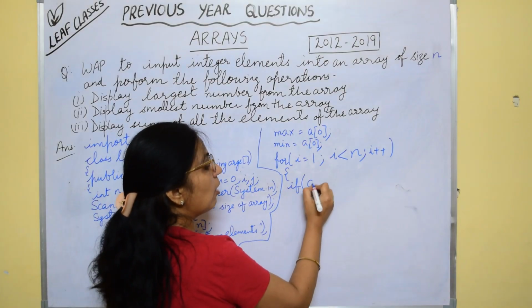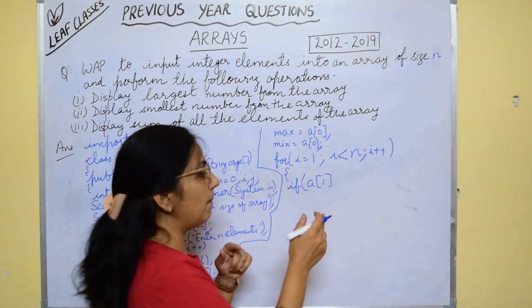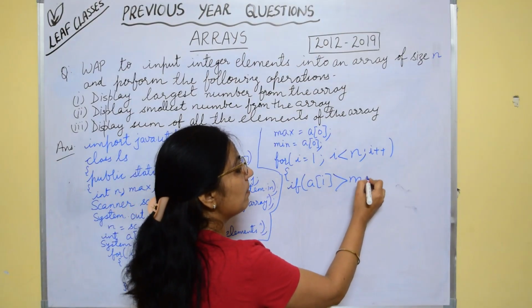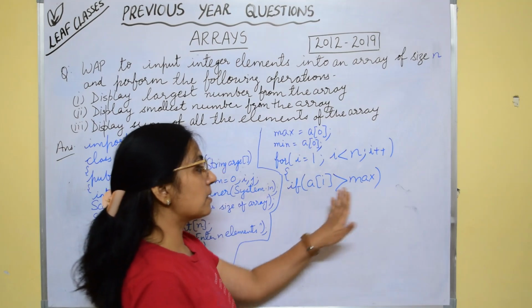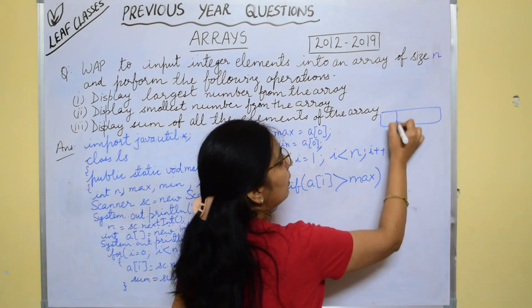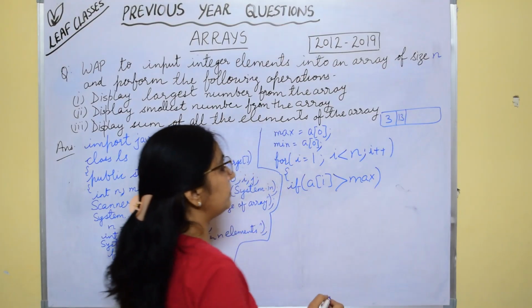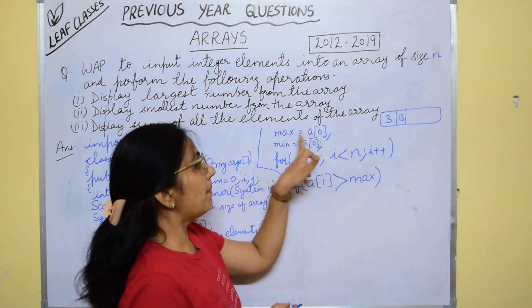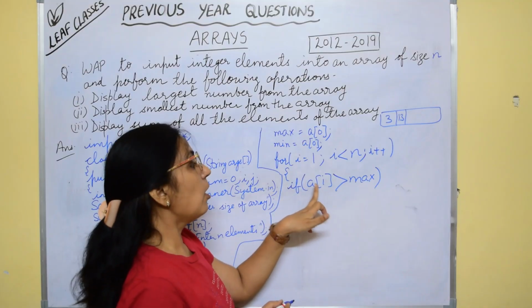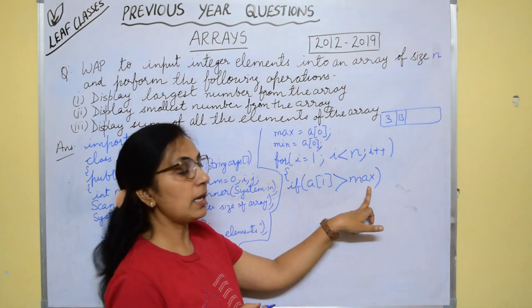If a[i], that means a1, a2, a3, every time you are comparing, is greater than max. अगर ये max से बड़ा है, suppose if the value of first element is 3 and second is 13, a0 max में 3 stored है और a1 की value है 13. 13 is greater than 3, yes.